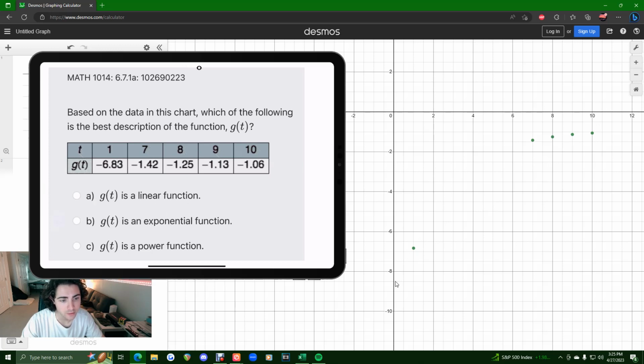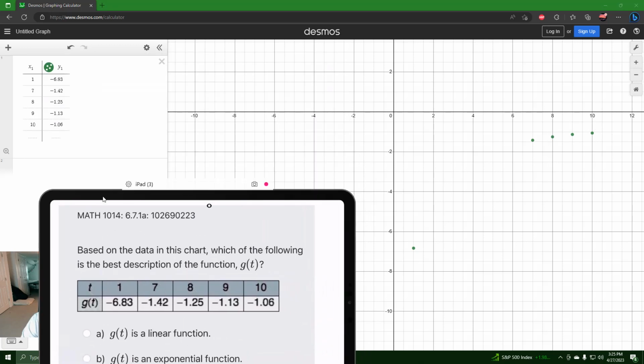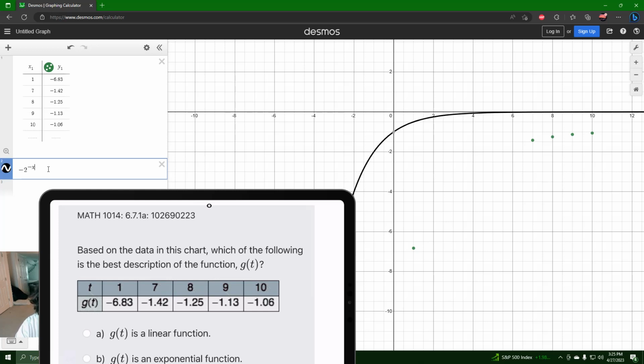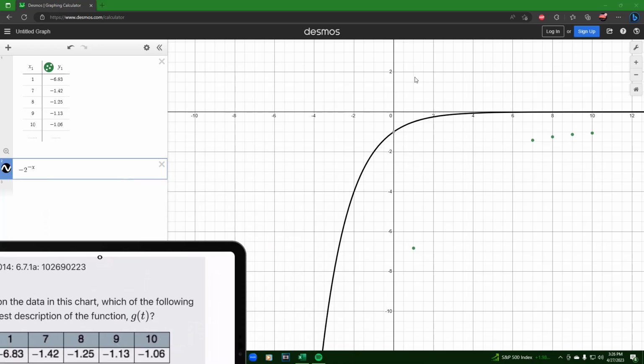Exponential function, we think, does some sort of curve best fit these points? So if you're not familiar with an exponential function, let's do a little example. Maybe like, I'm trying to think which way it would work. If you had like negative 2 raised to the power of like negative x. So kind of like this, right? Would this kind of curve best fit through these points?